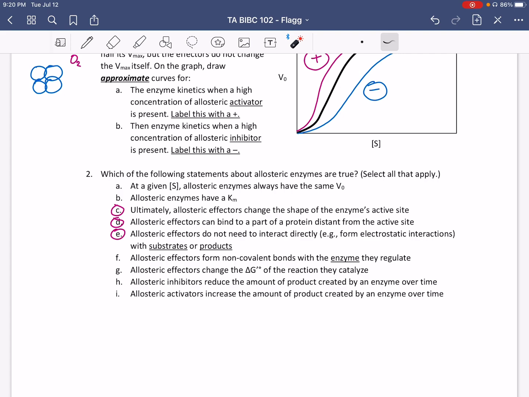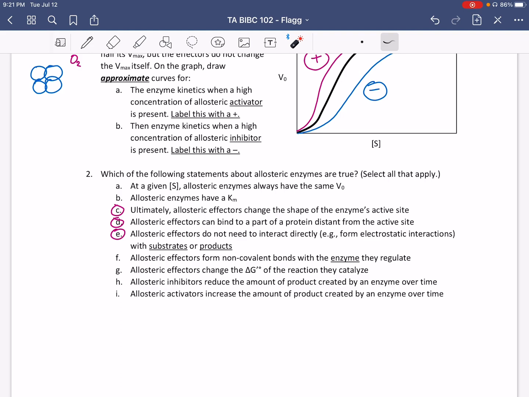And this would be correct because if in metabolism in the cell, we had inhibitors or activators that would bind to the protein or enzyme covalently, that would be really bad because it would mean that some proteins or enzymes will be forever inhibited or forever activated and would require another enzyme to kind of get off that covalently bound effector, and that's just not efficient.